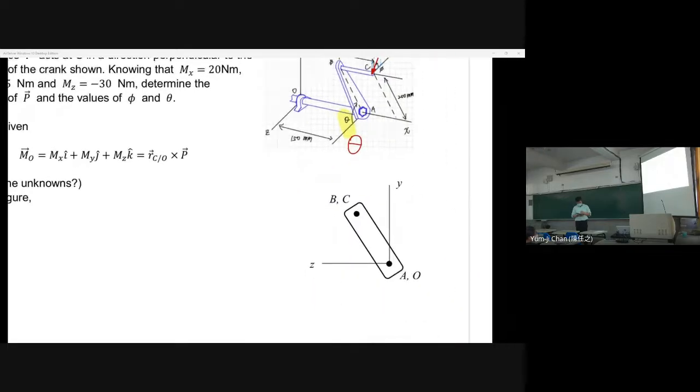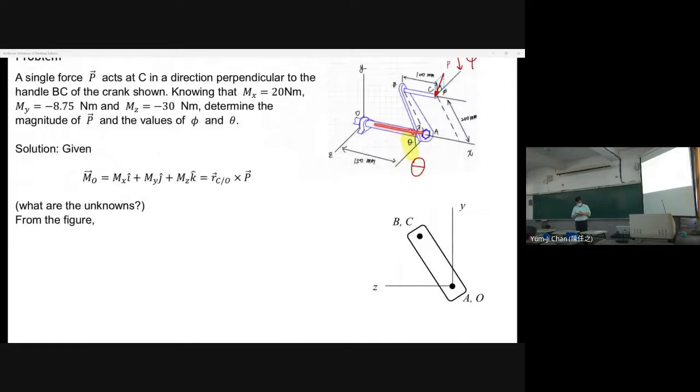So this shaft is along the x direction. So it is here. A and O are here, and BC and AO are parallel. So BC is here.